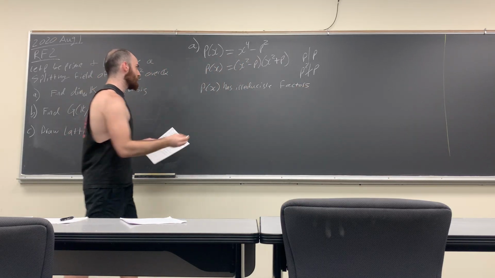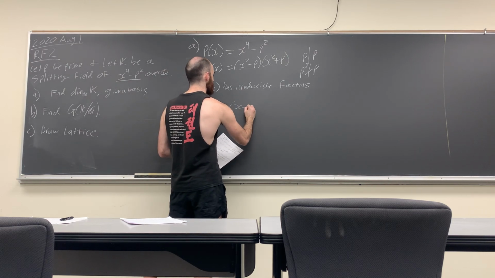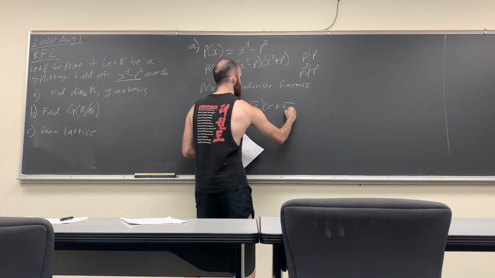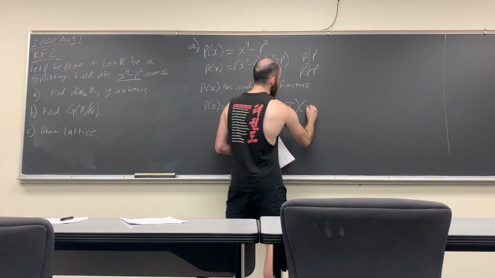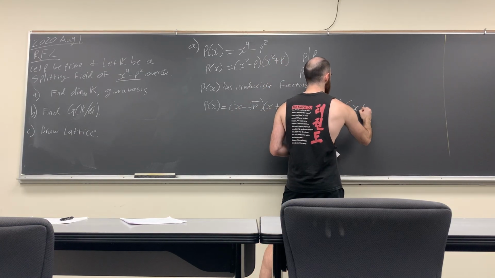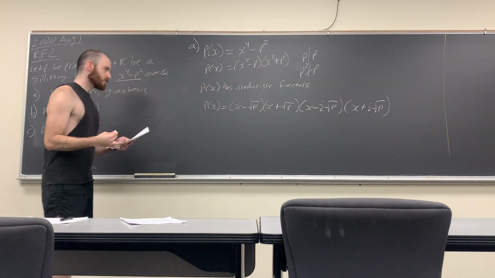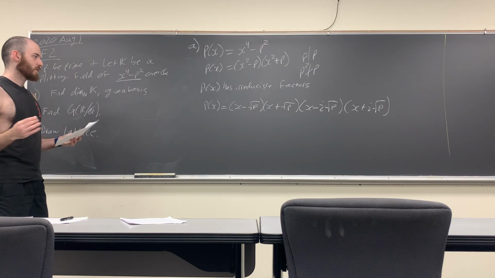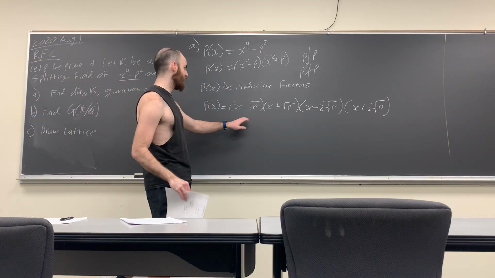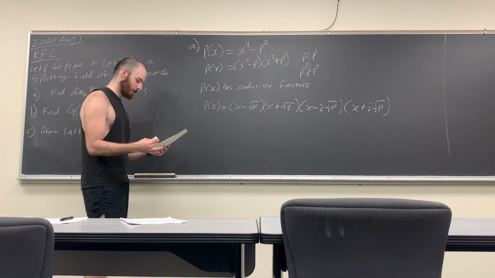Okay, so then if we were to factor it out fully, we get (x minus root p)(x plus root p)(x minus i root p)(x plus i root p). So we have at least 2 roots. Well, no, we have 4 roots: plus or minus root p, and then plus or minus i times root p.